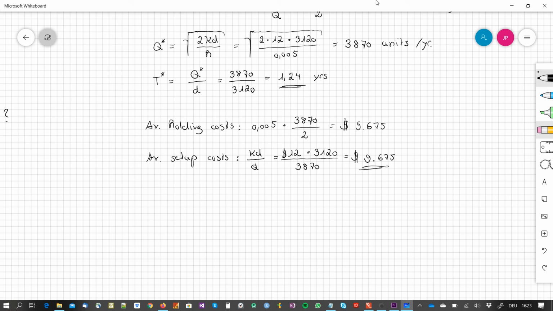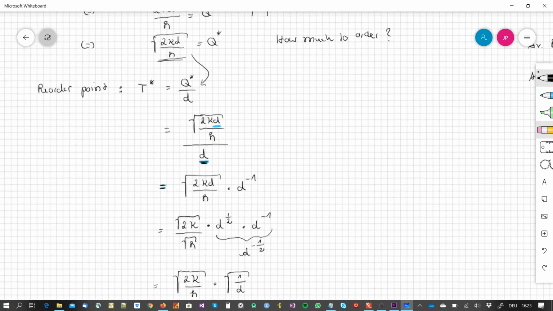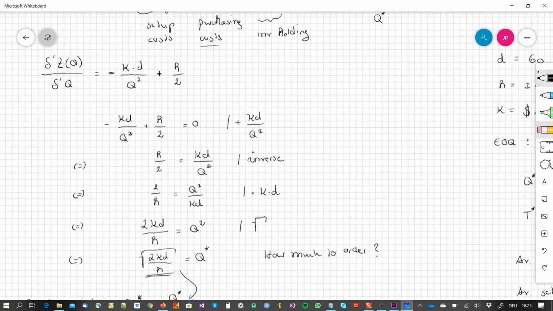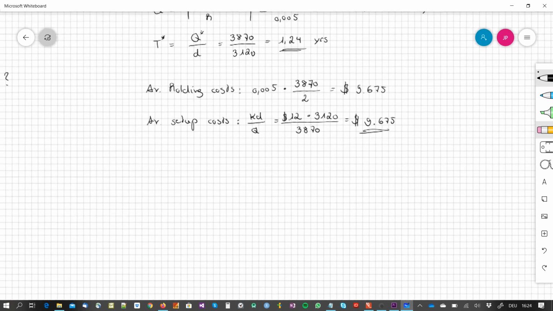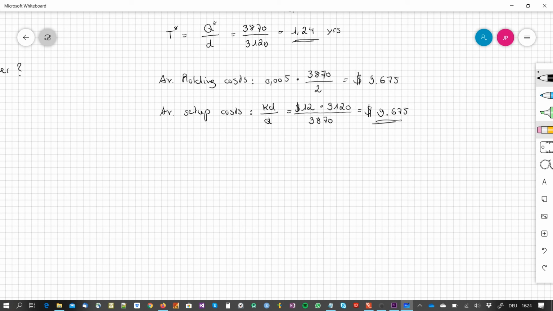$9.675. And of course this is not surprising, because as we have seen in our graphic, these two costs are balanced, or this is at the optimal reorder point, or this is the crossing point of these two. So they are the same in the optimal reordering. And now we need to state the total costs.